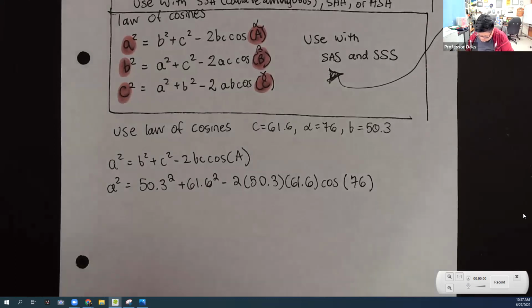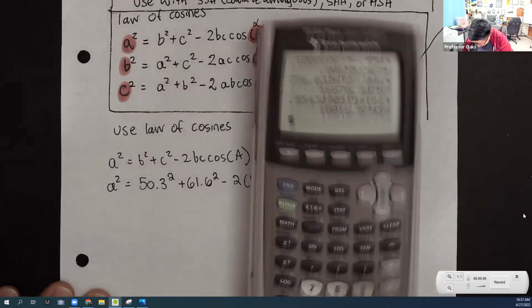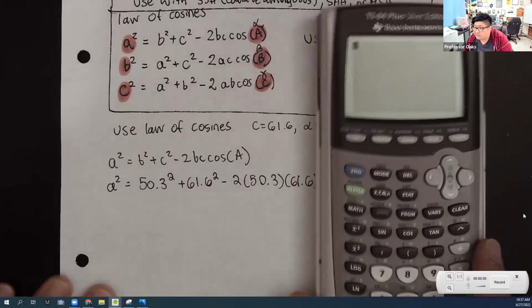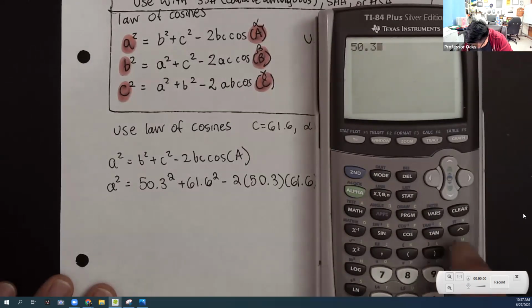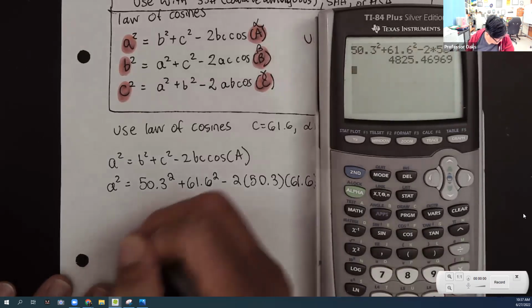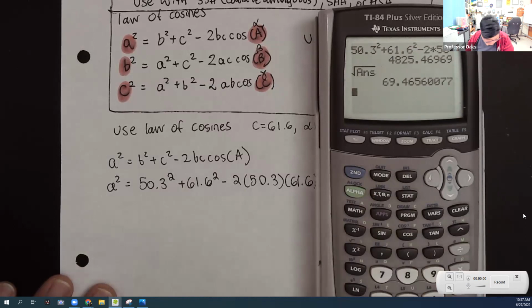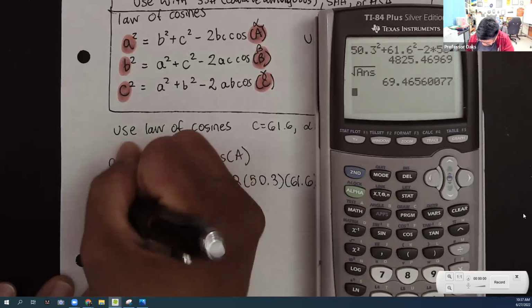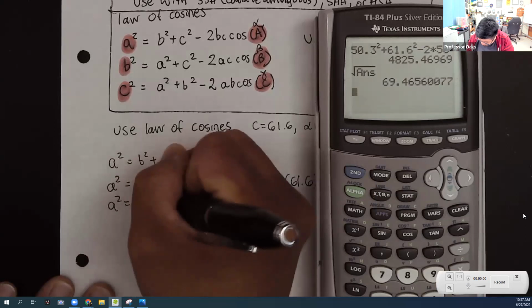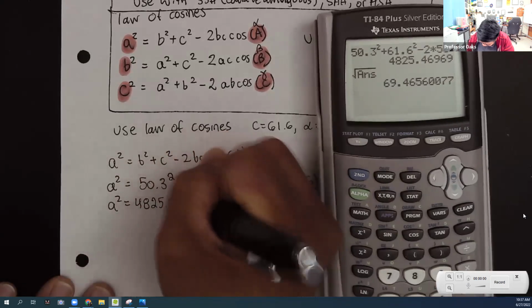But then if you do that, then you have 50.3 squared plus 61.6 squared minus 2 times 50.3 times 61.6 times cosine of 76 degrees. So then if you take the square root of that, then that will be your A. So A squared is 4825.46969.